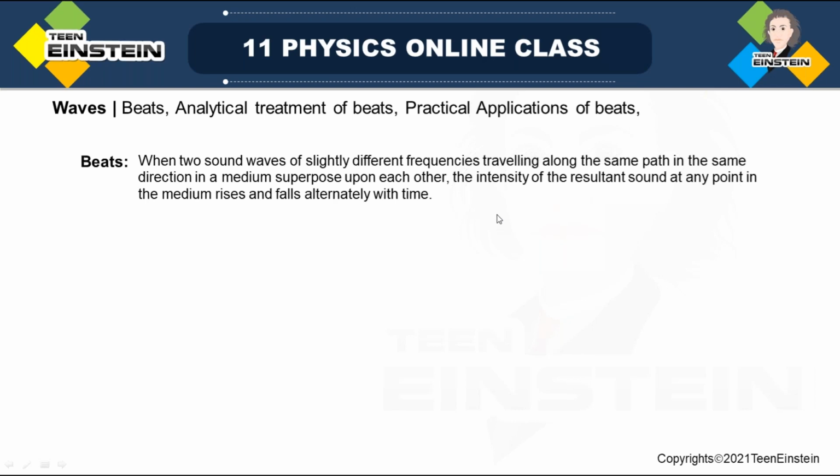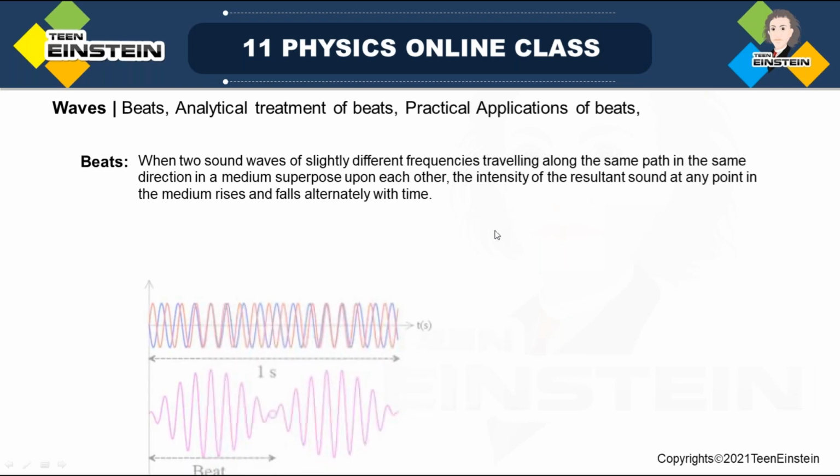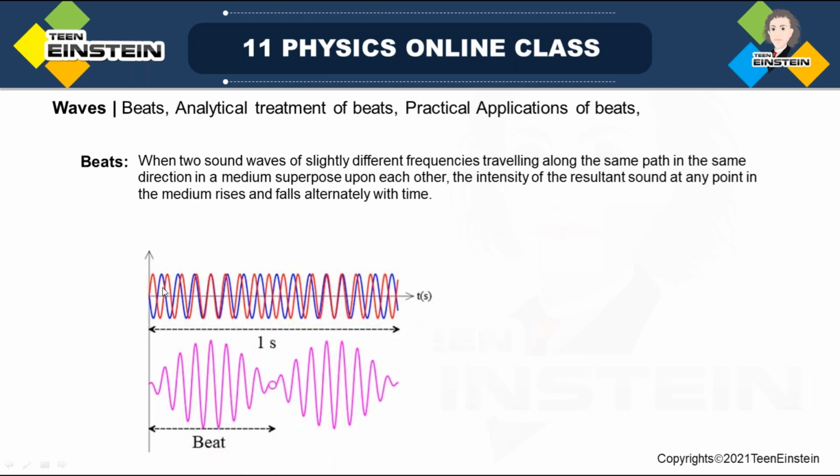Sometimes it will rise and sometimes it will fall, and that will happen periodically. You can see here two waves of very slightly differing frequencies. One is blue, another one is orange. These two waves are traveling in the same direction with slightly different frequencies.